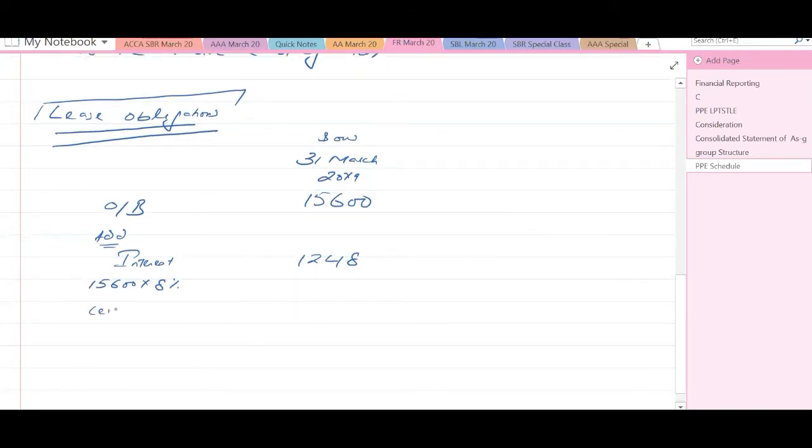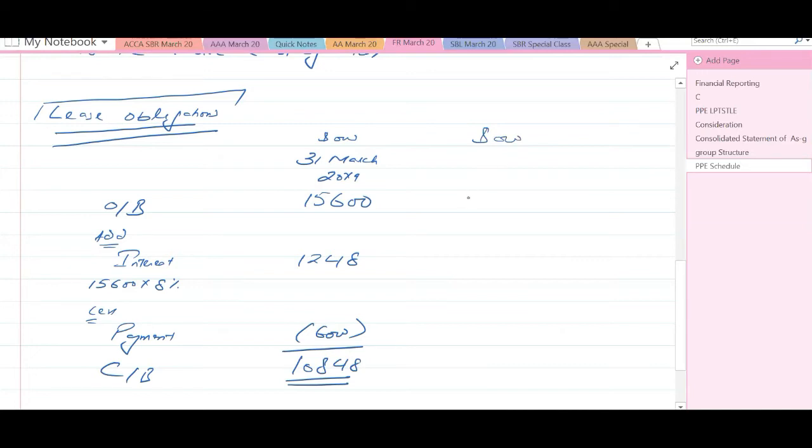And then you less the payment, which is fixed, 6,000. It gives you the closing balance. So 15,600 plus 1,248 minus 6,000 gives you 10,848.